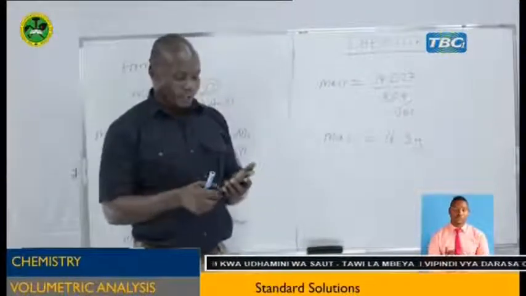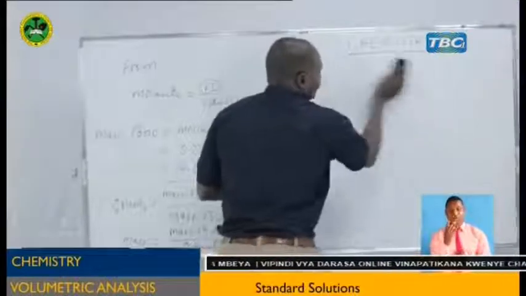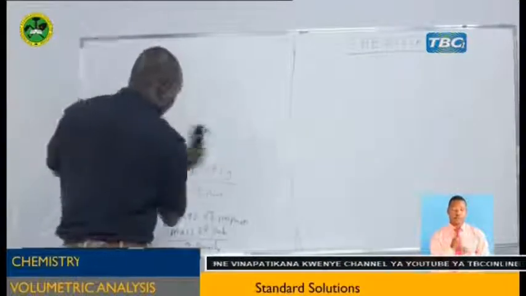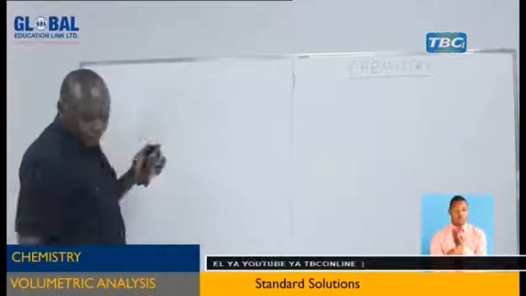So my dear students, let us go to question number 4. Question number 4 is an assignment for you to do, so you have to copy it and do it.